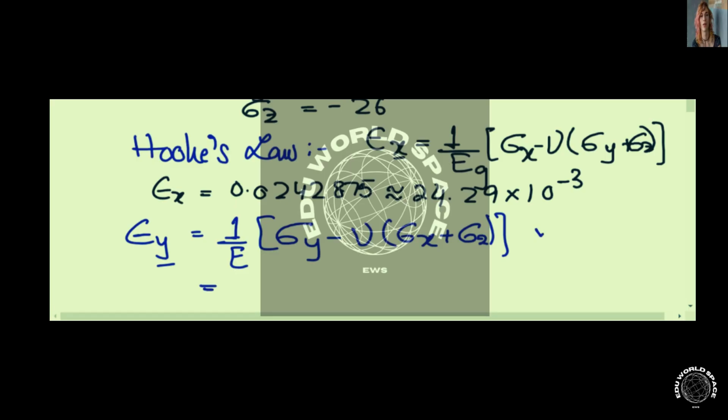Again, we have all of these values, just plug them in and we'll get that the strain for the y direction is equal to negative 0.01415, and that is approximately equal to negative 14.15 times 10 raised to the power negative 3, right?